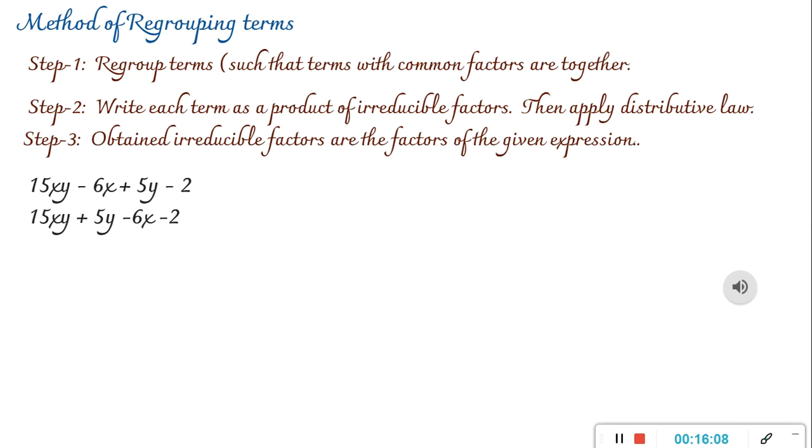So write both of these terms in their factor form. Write the factors of each term. 15xy can be written as 3 into 5 into x into y, plus 5y can be written as 5 into y. Right? Similarly, 6x can be written as 2 into 3 into x and 2 can be written as 2 itself. Now first compare these two terms.